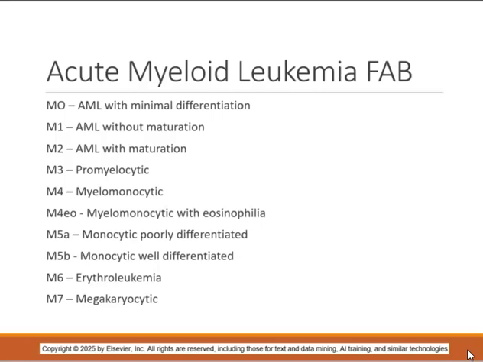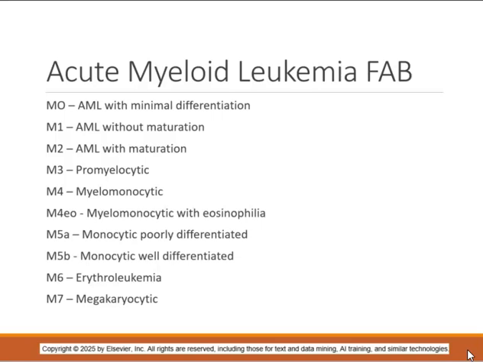So, to the FAB classifications. The FAB classifications start with an M, like the acute lymphoid ones started with an L. So there's M0, M1, M2, M3, M4, M4EO, M5A, M5B, M6, and M7. It's important you know these, because this is how we identify until we can get all the other lab work back: the immunophenotyping, flow cytometry, genetics, molecular, all that stuff.